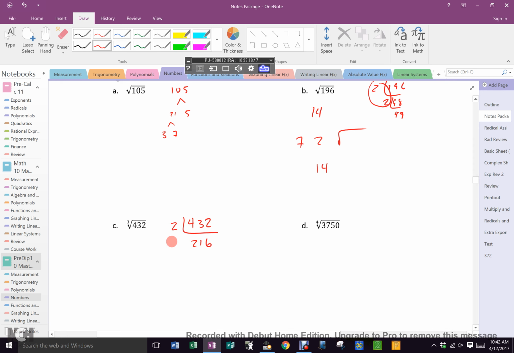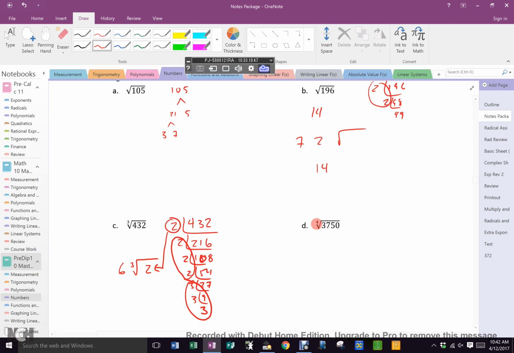So what comes out? 6. What stays under there? The 2. Let's say you didn't do what Mr. Myers said. You didn't memorize the perfect cubes. Then you keep breaking it down. And there's a group of 3, and there's a group of 3, and there's the 2 we left under there. Yeah?